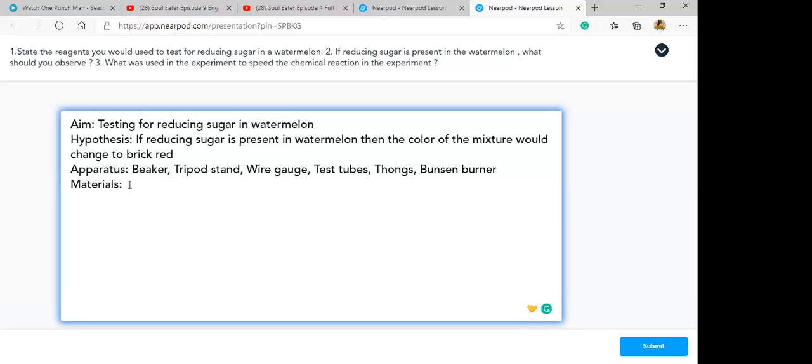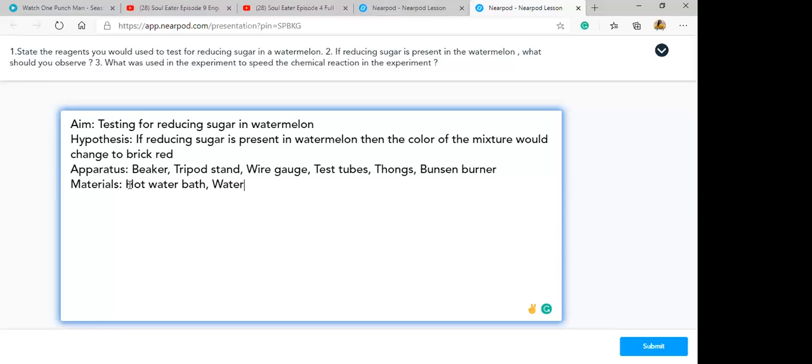The hot water bath. They call it a hot water bath. Alright, it's hot water. Then now your watermelon, because you can't do the test without the watermelon.